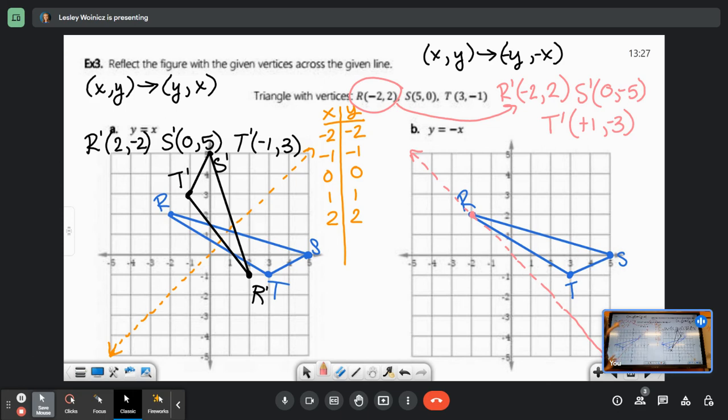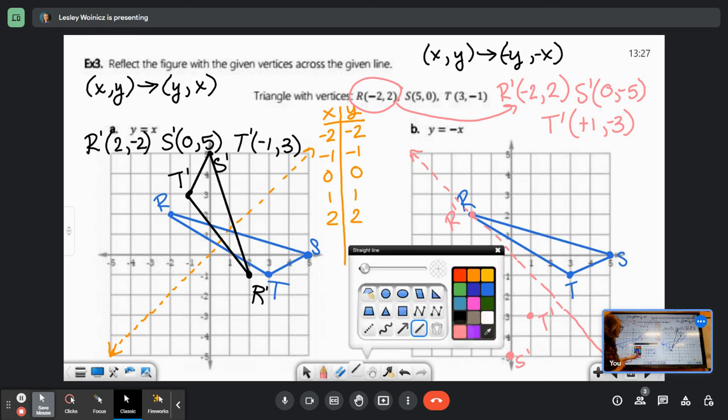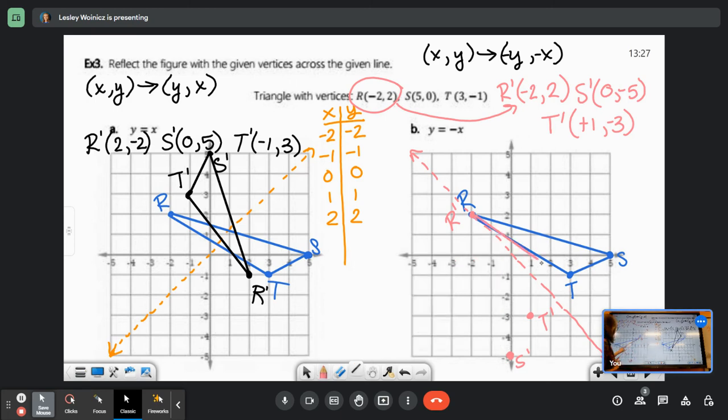All right, so S prime is at (0, -5). That's down here. And T prime is at (1, -3). It's T prime, S prime, R prime just hanging out on R. Okay, draw in your triangle.